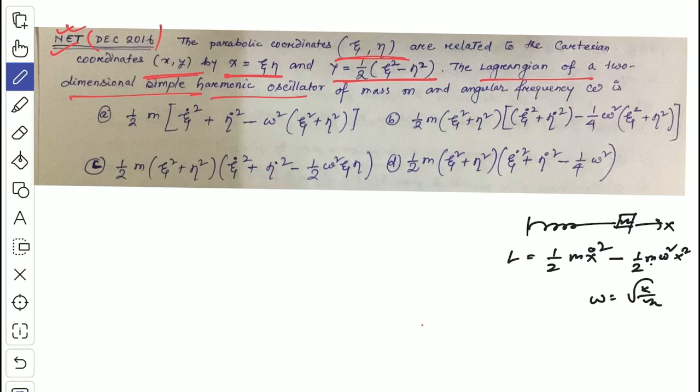We generally write k, but here I am writing m omega square because m is present.